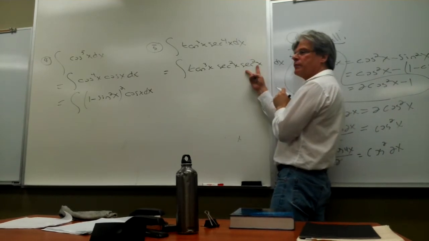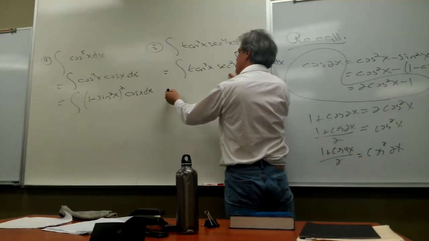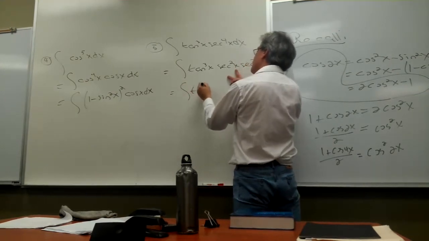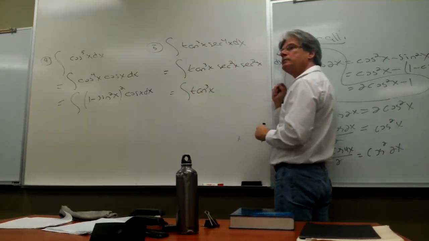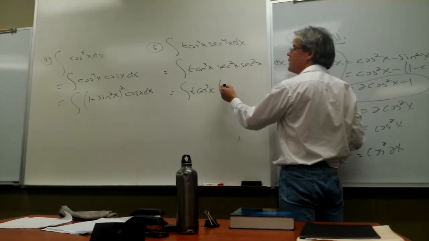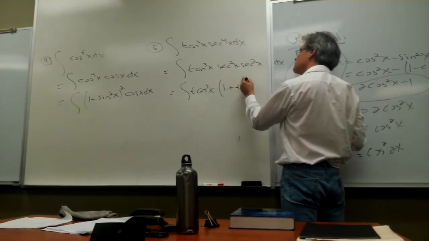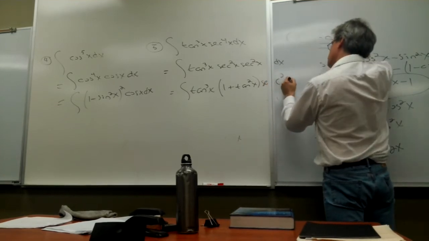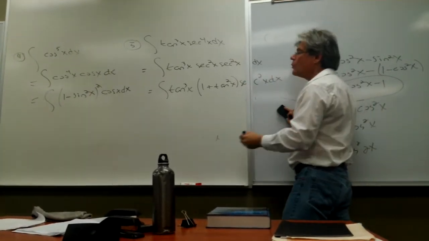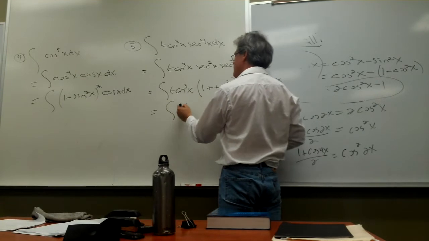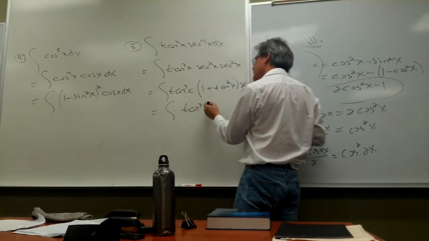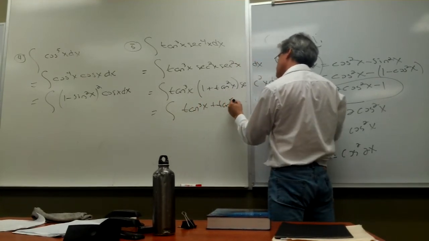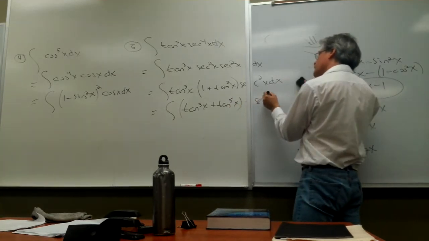Save 2 factors. Take the others, which are raised to an even power necessarily, and apply your Pythagorean identity. That leaves me with 1 plus tangent squared of x. So this leaves me with tangent cubed of x plus tangent to the 5th of x times secant squared of x dx.